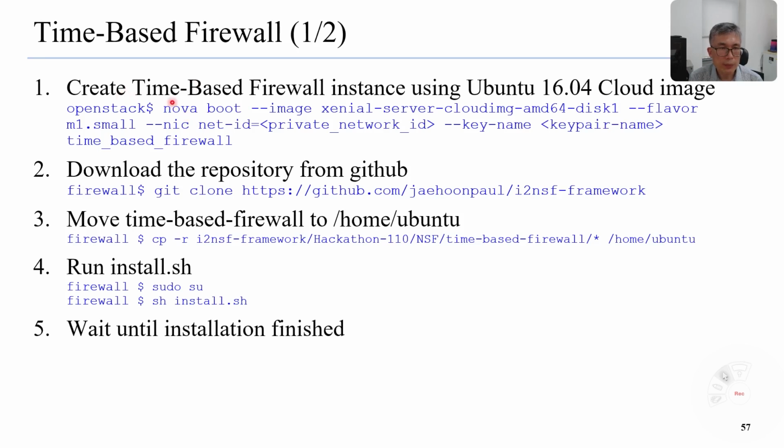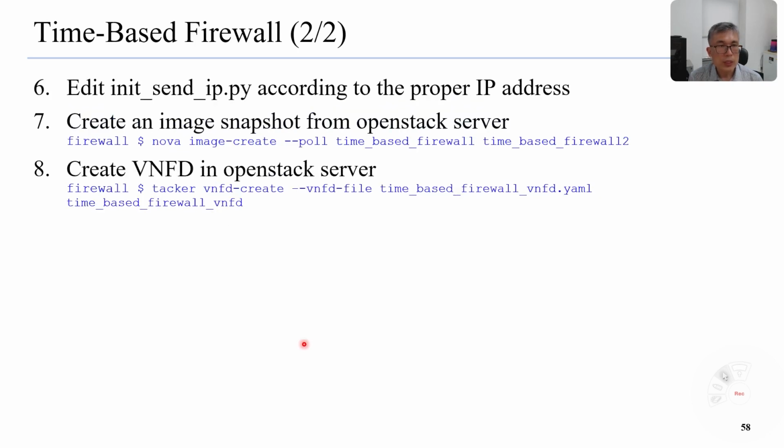Then we can install the time-based firewall. Create the time-based firewall instance using the Ubuntu 16.04 cloud image, download the repository from GitHub, move the time-based firewall to your Ubuntu home directory, run the install shell file, and wait until the installation finishes.